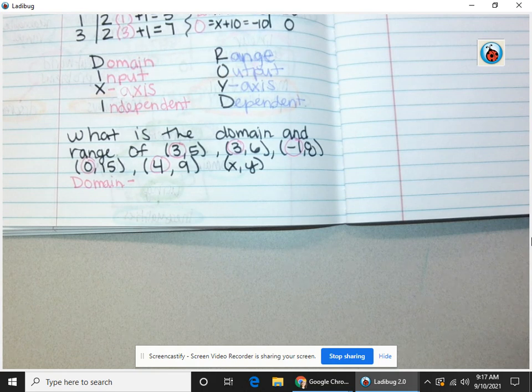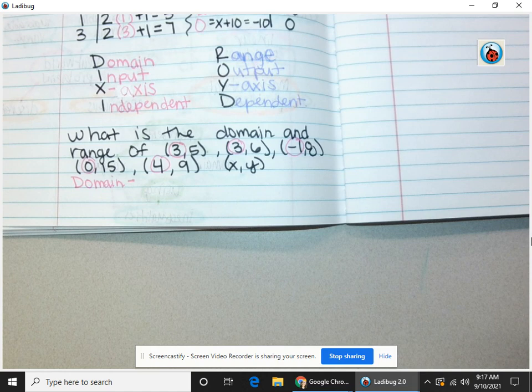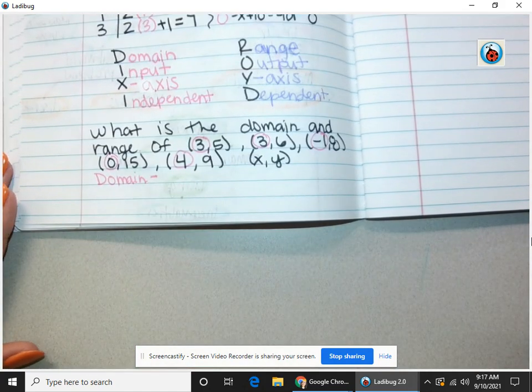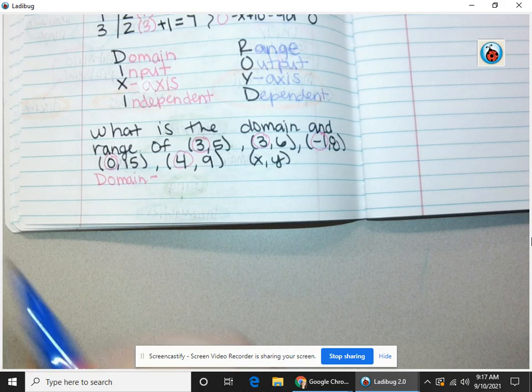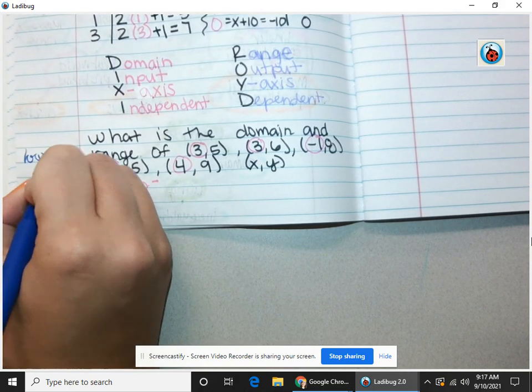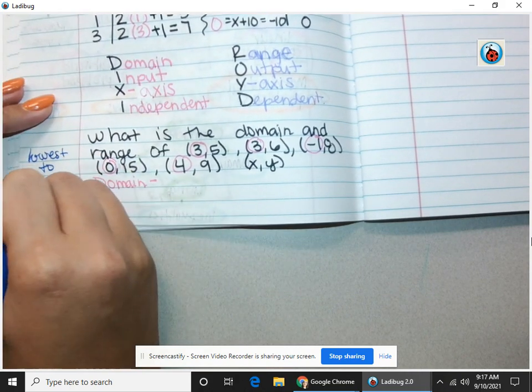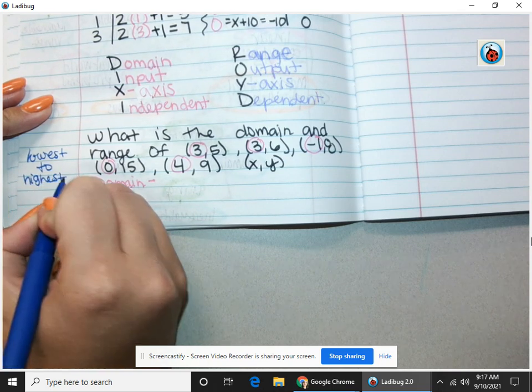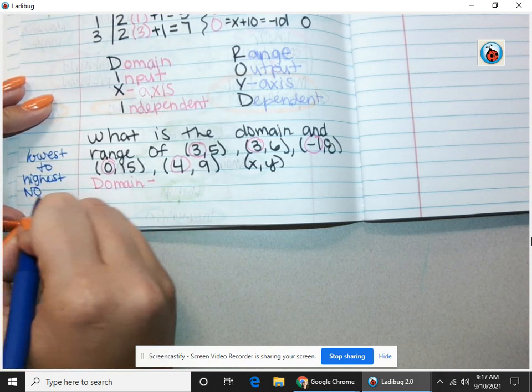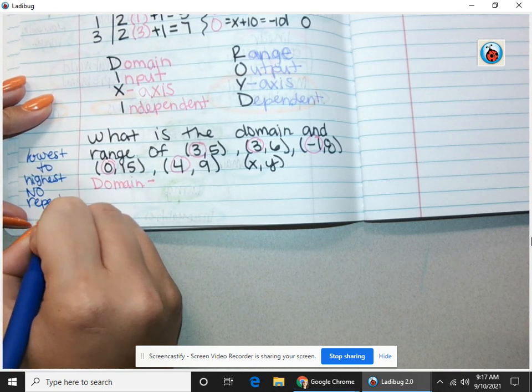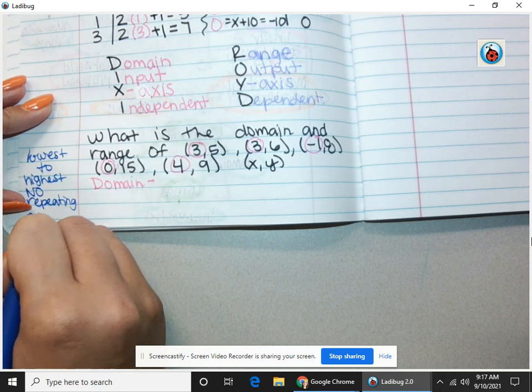Now when we're talking about writing domain values, the big thing is you need to write them from lowest to highest without repeating numbers. Let me write a note on my side: lowest to highest, no repeating numbers.